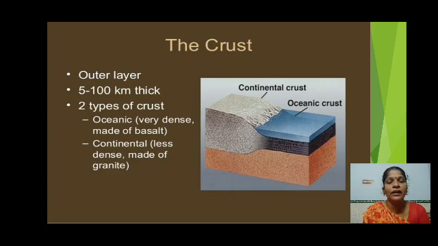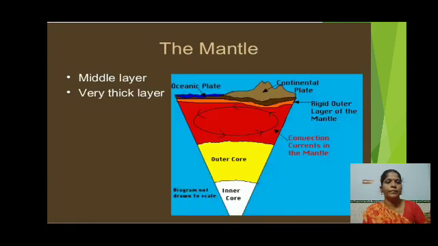Sial means silica and aluminium, which are present more in the continental crust, and sima means silica and magnesium, which is present in the oceanic crust. So oceanic crust is very dense, made of basalt, and continental crust is less dense, made of granite.